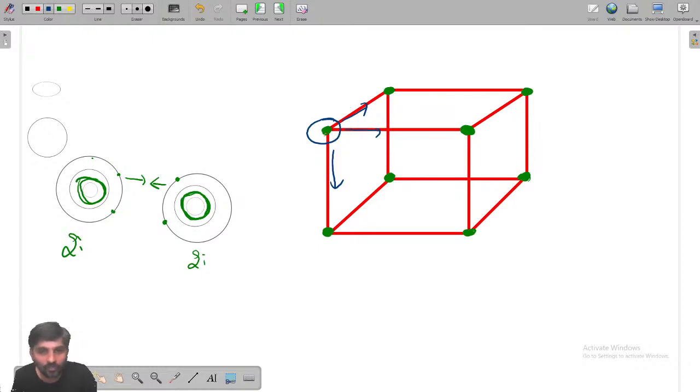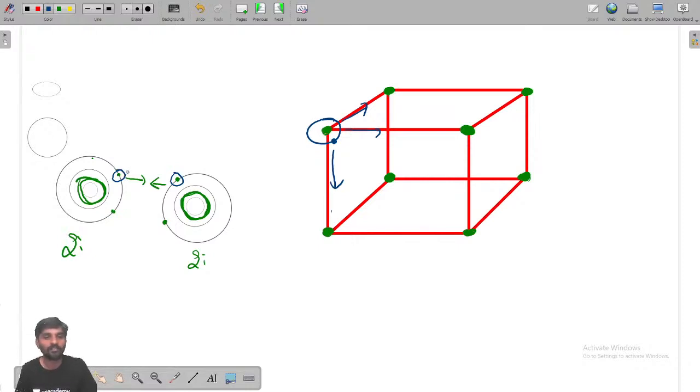The outermost electron of this atom is shared by many. The energy levels of the electrons in the core orbit will not be altered. They are fixed. But the energy levels of the electrons in the outer orbits will be altered.